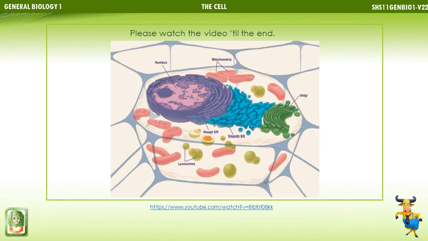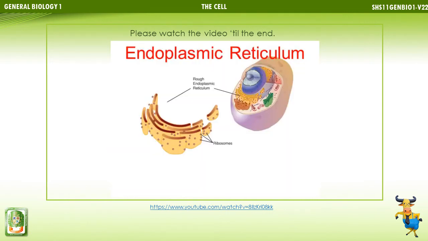So we come back here, we have the box highlighting the rough ER and the smooth ER. Let's zoom on in and take a closer look at the endoplasmic reticulum. Okay, first of all, there's 2 kinds of ER. Let's look at the rough ER first. The ER stands for endoplasmic reticulum. The rough ER, the reason it's called rough is that it's covered in ribosomes.